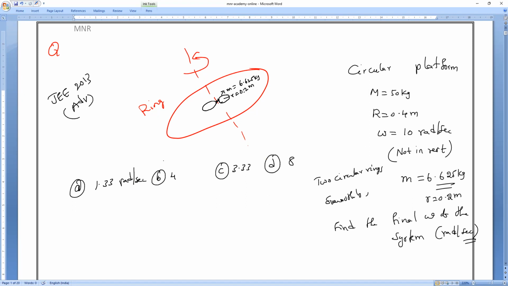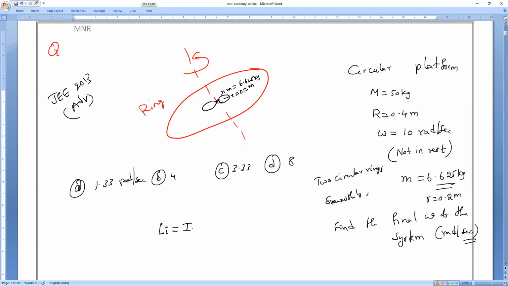So now, in the last two sums you have seen, the initial angular momentum is equal to how much, guys? The system is at rest. So the angular momentum is what initially, everybody? Zero. Okay. Now this ring is already having angular momentum. So is the initial angular momentum zero or not equal to zero?